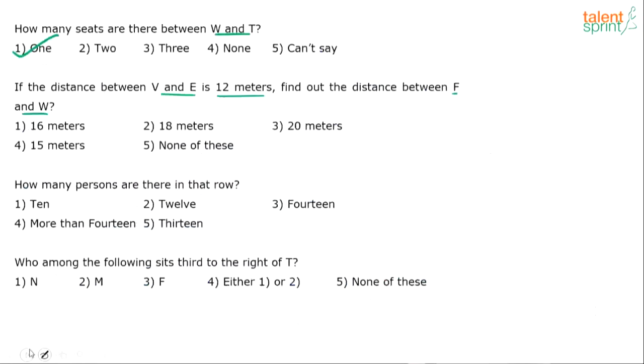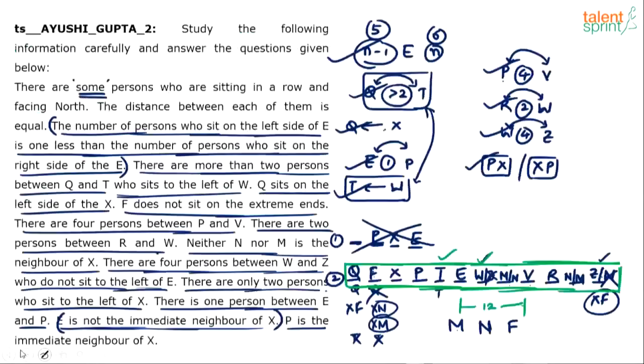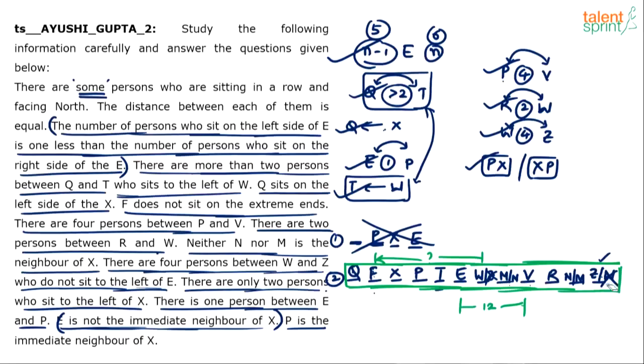So he's asking us to get the distance between F and W. Let me just clean it up a little bit. All these were possibilities that we had marked, so let me clear it up. You don't have to do this in the exam. I'm just doing it so that you can follow it easily.